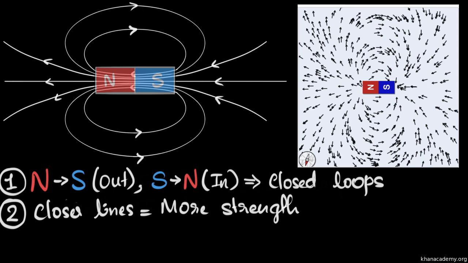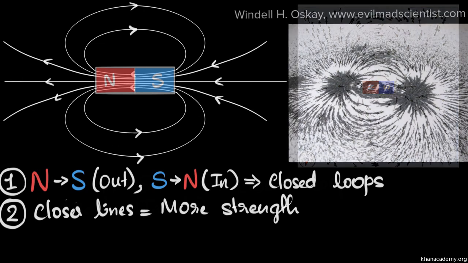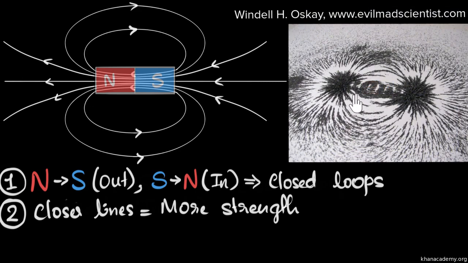And this can be seen experimentally as well. If you sprinkle some iron filings on a bar magnet, you see a huge crowd of them close to the poles of the magnet, revealing to us that the field is very strong close to the poles. And of course, as we go farther away, the crowd decreases because the field becomes weaker.